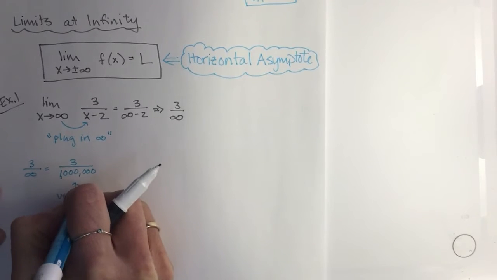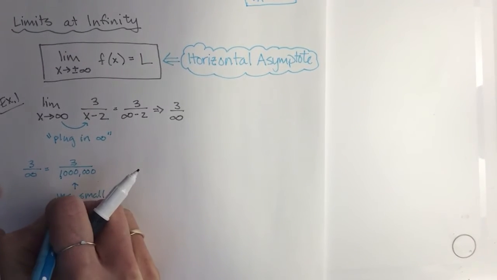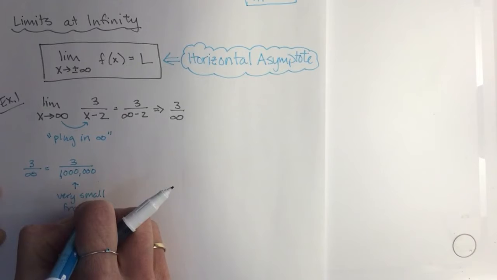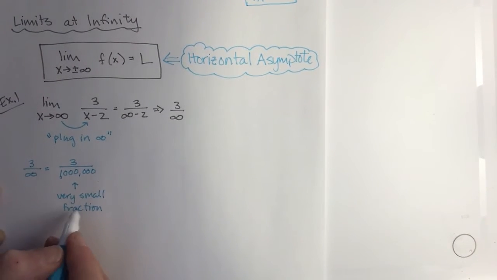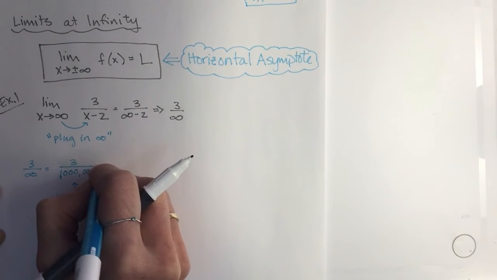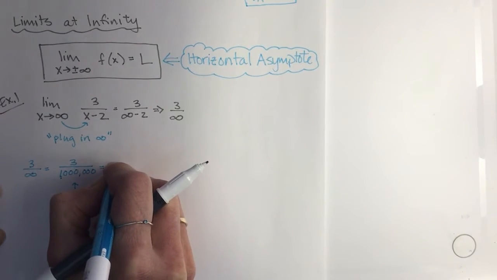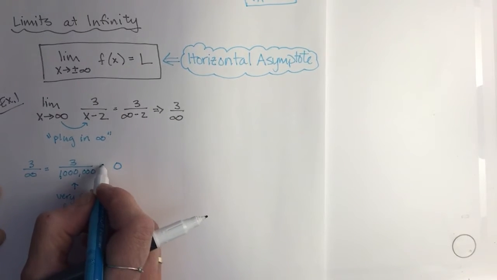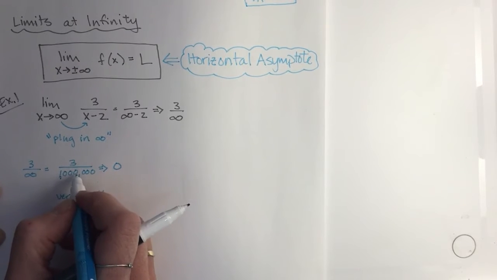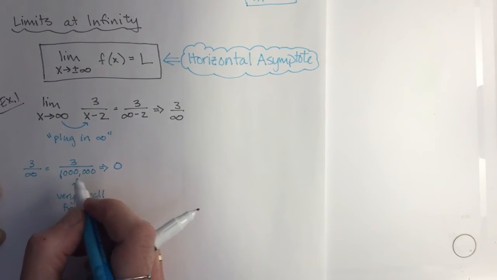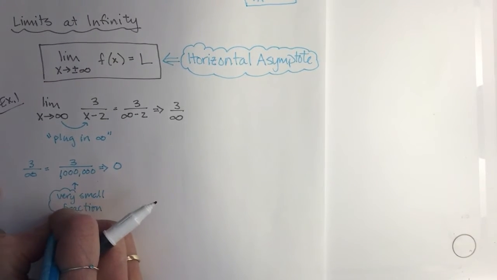And if that denominator keeps getting bigger, which infinity does, this fraction is going to go to 0. Yeah, you guys guessed it. So it's just going to keep getting smaller and smaller and smaller as this number gets bigger and bigger and bigger. Okay?